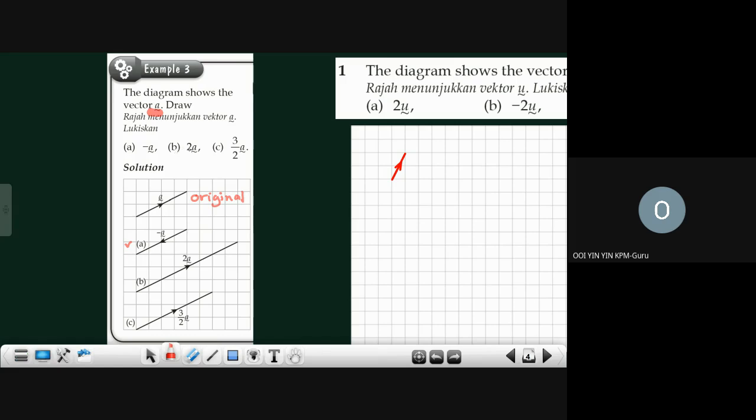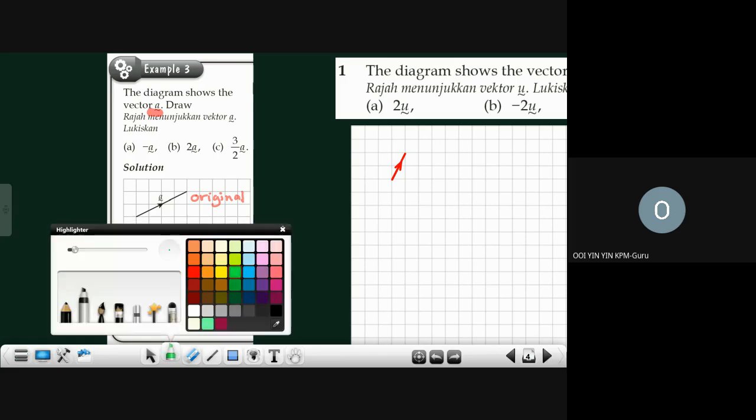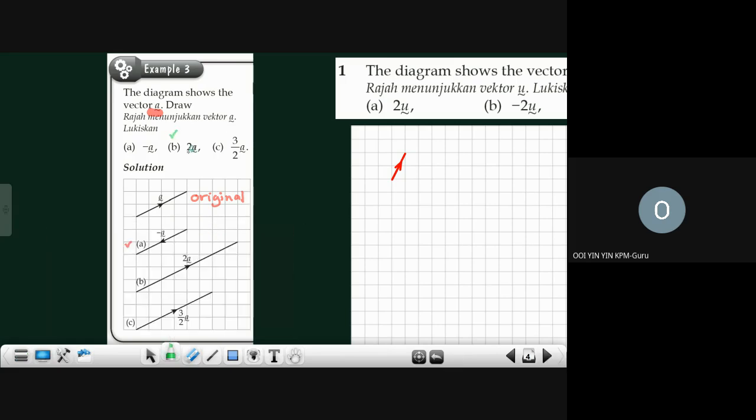And then the second one, 2A. This is your second question, 2A. Then you see your answer 2A here. What is the difference? Because your 2A here is positive, that means the direction is the same as the original A. It's just that the 2 in front means the magnitude is twice.